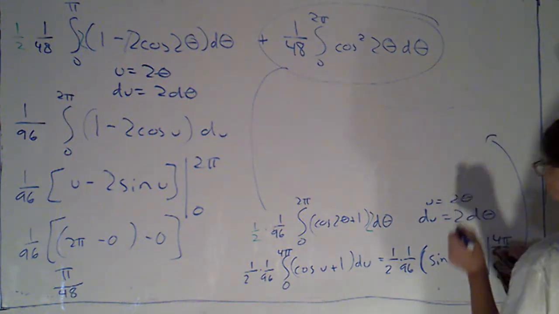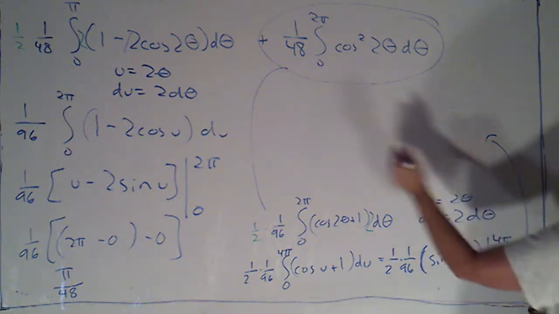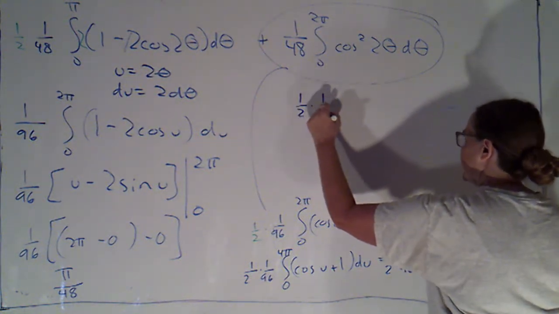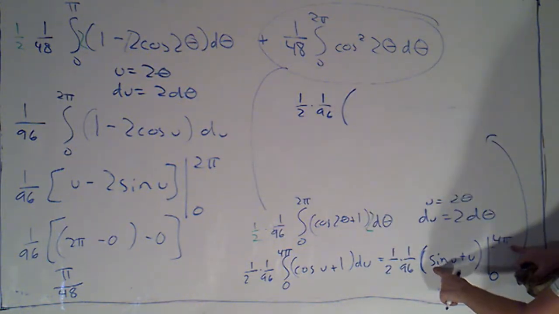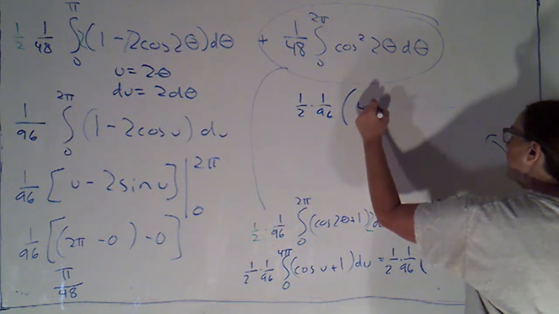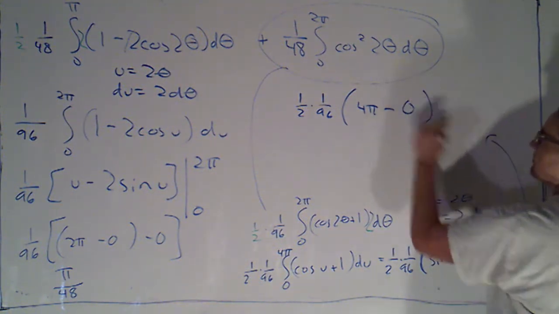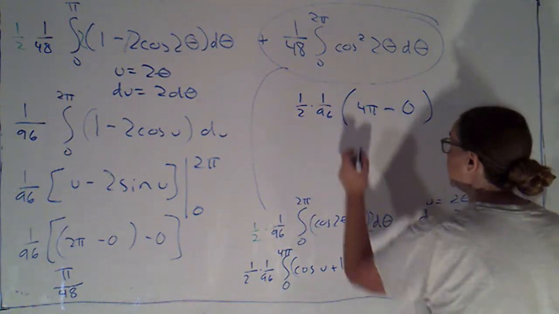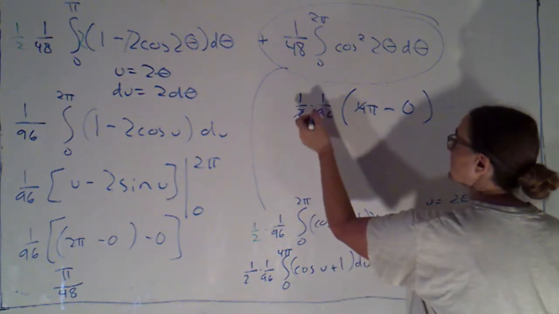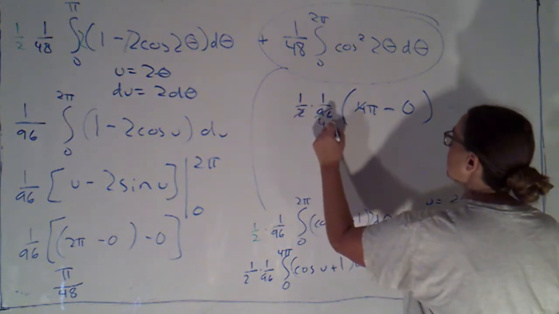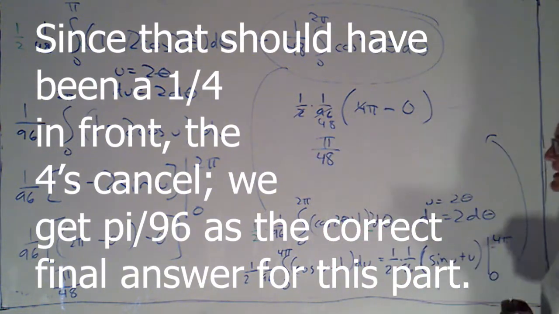So I'm going to bump up here. 1/2 times 1/96 of, when I plug in 4 pi, sine of 4 pi is 0 plus 4 pi, minus, when I plug in 0, I just get 0 plus 0. So I can cancel a 4. That's going to go into the 2, cancel with the 2, and reduce that back down to a 48. So this is going to give me pi over 48.